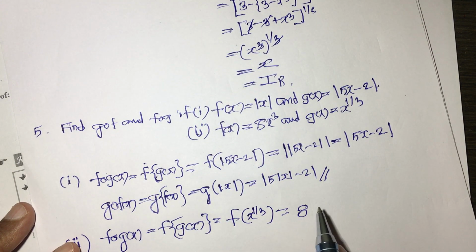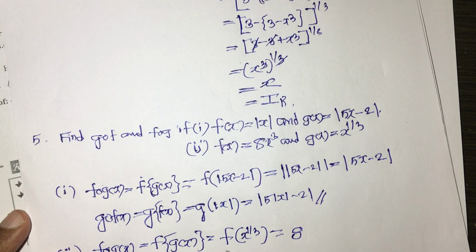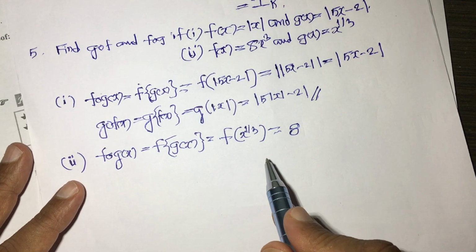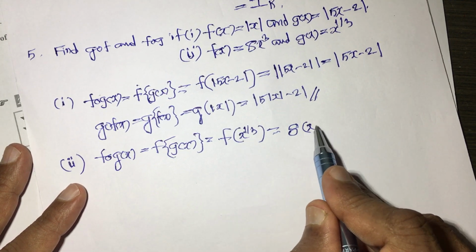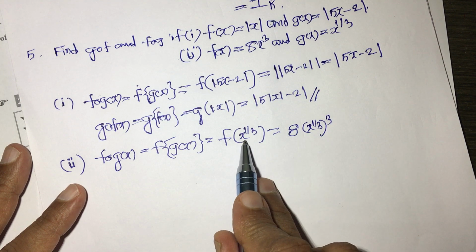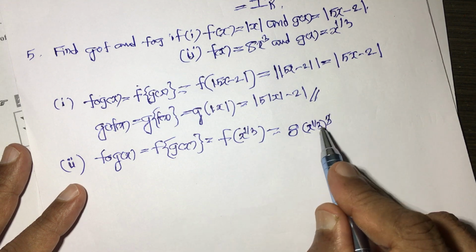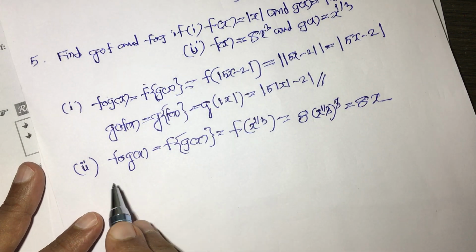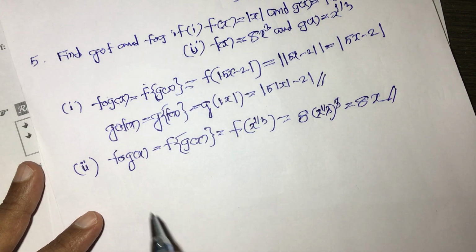So first I write 8, x cube means your x is here, x raised to 1 by 3, cube. Look here, 8x cube, x is x raised to 1 by 3. This 3 gets cancelled, we get 8x. This is the value of f composite g of x.